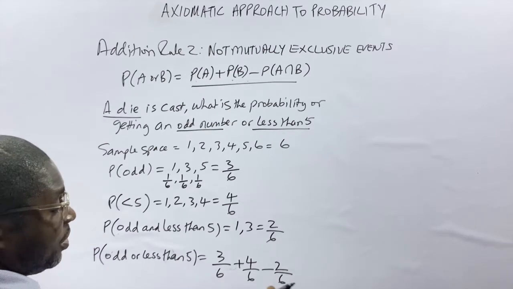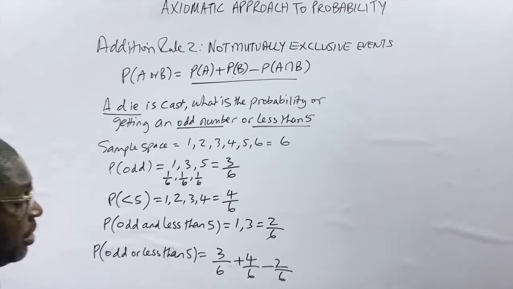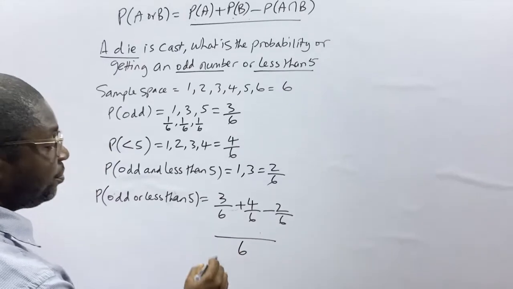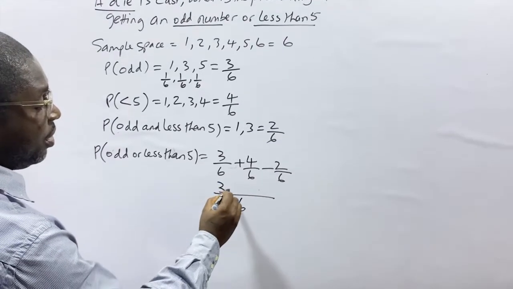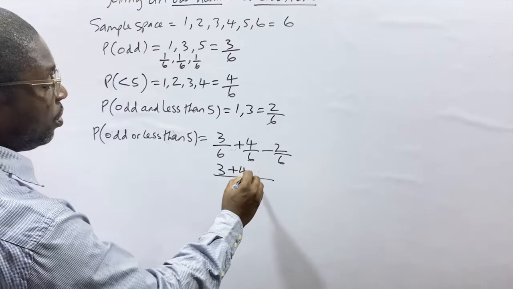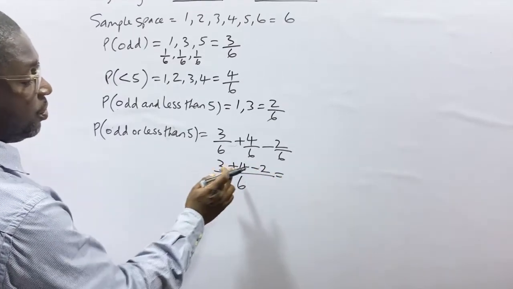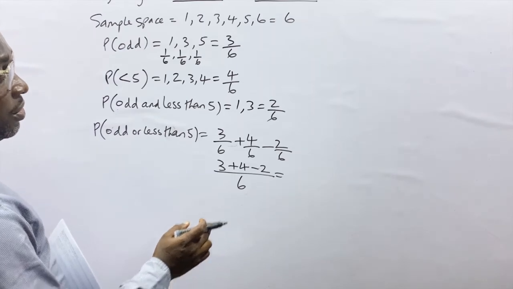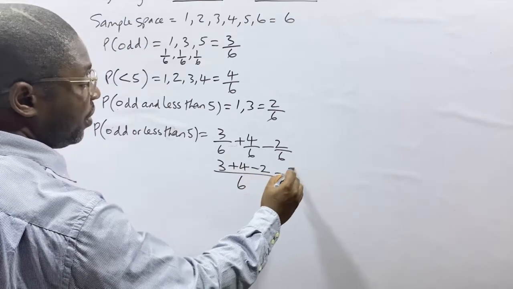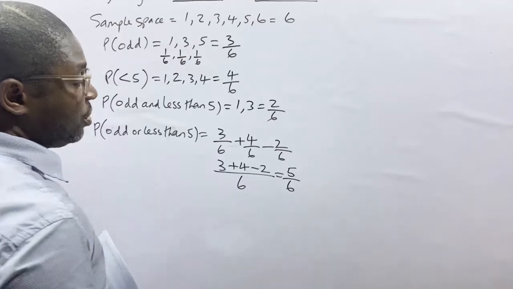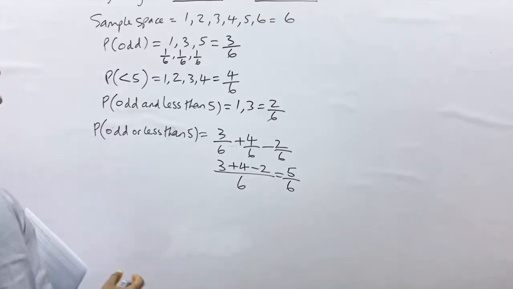We know that the LCM is 6, and this becomes 6 here. This becomes 3 plus 4 minus 2. This becomes what? 3 plus 4 is 7. 7 minus 2 is 5 all over 6. So this is the answer to this question.